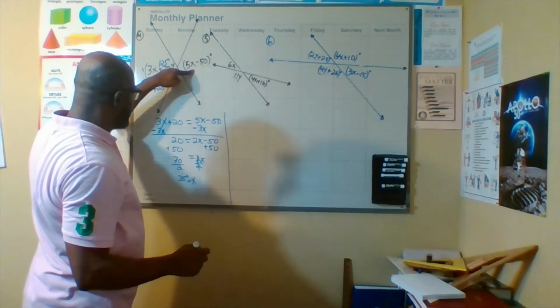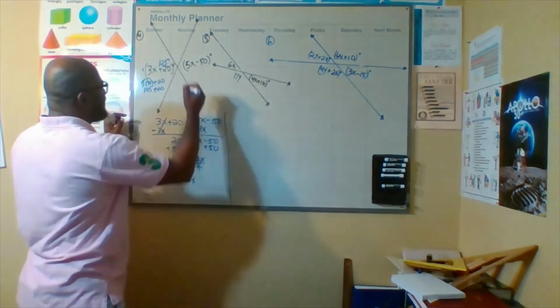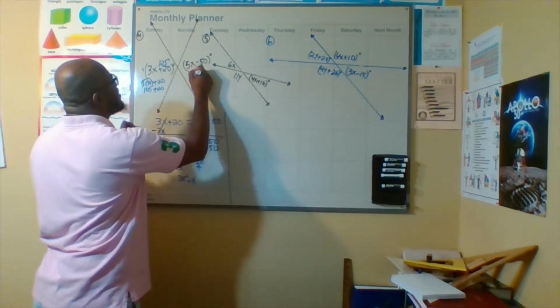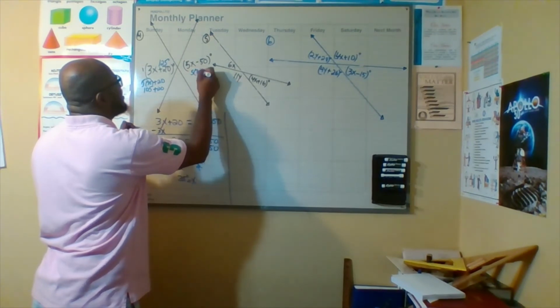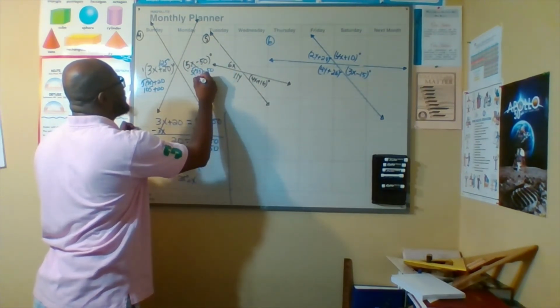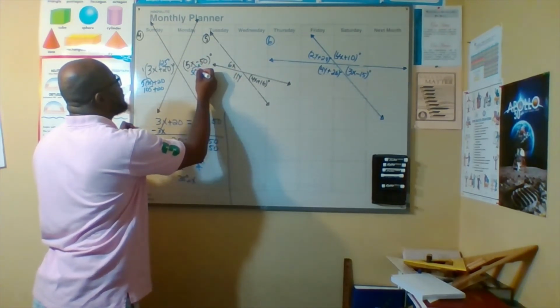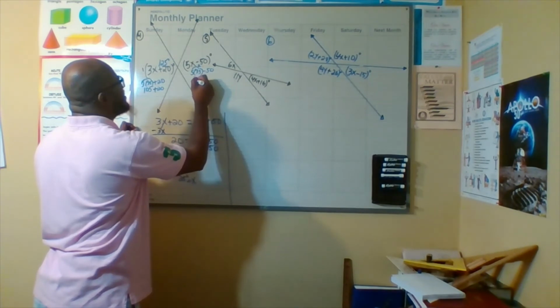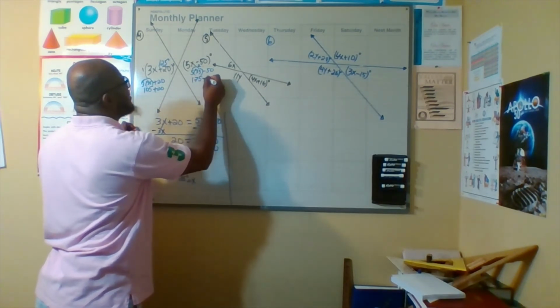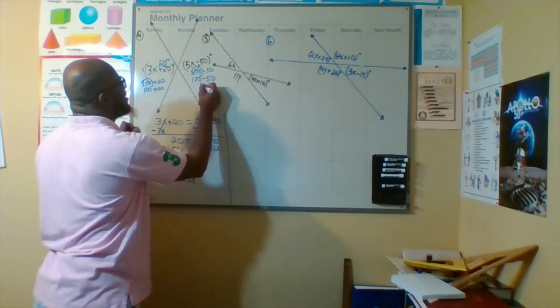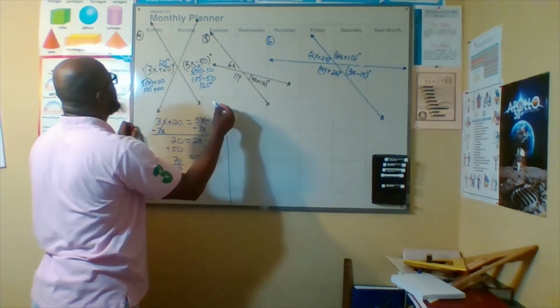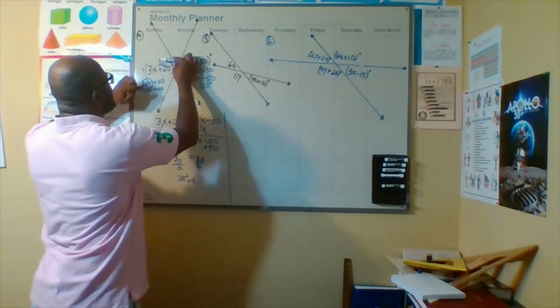If I take 5 times 35 and take away 50 from that, 5 times 5 is 25, carry 2. 5 times 3 is 15 plus 2 is 17. If I take 175 minus 50 from it, that will be 125. As you can see, 125 is equal to 125.